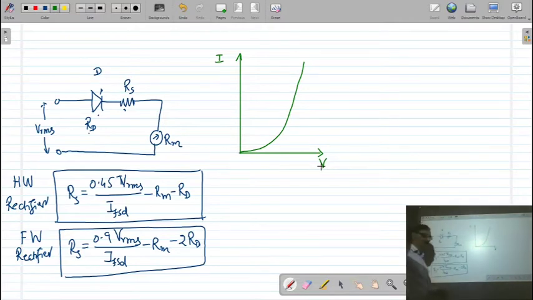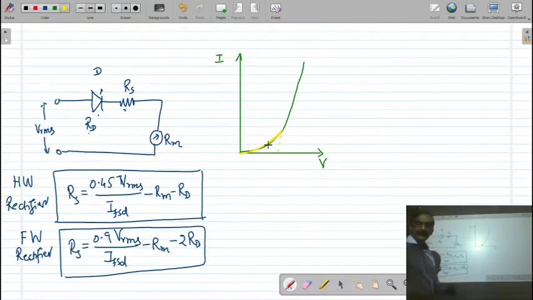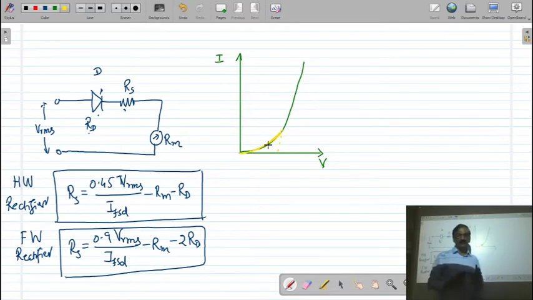So what you are finding, you can see when the diode is in forward bias and my applied voltage here is small, means if it is less than the cut-in voltage, then the relation between the current and voltage is non-linear. Diode is a non-linear device.